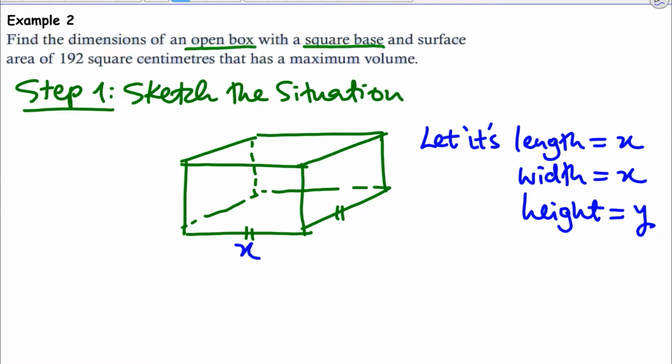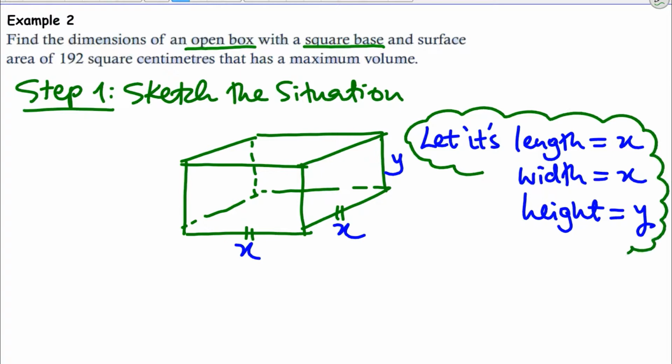So that is x, x, and that's y. Okay? Now, the idea of using algebra here is important because that will help us to write a model that will model this situation and work with that model.